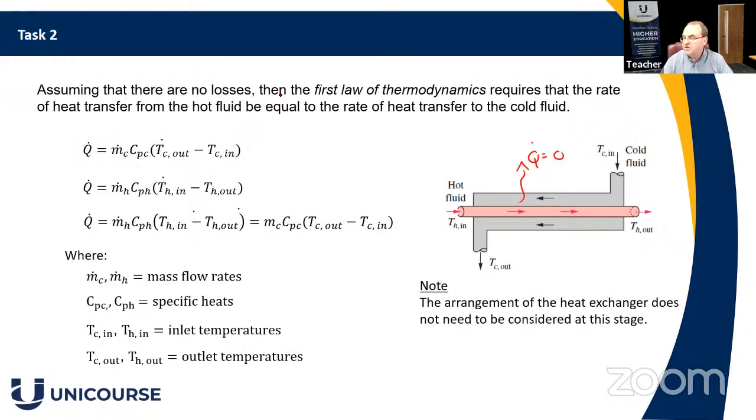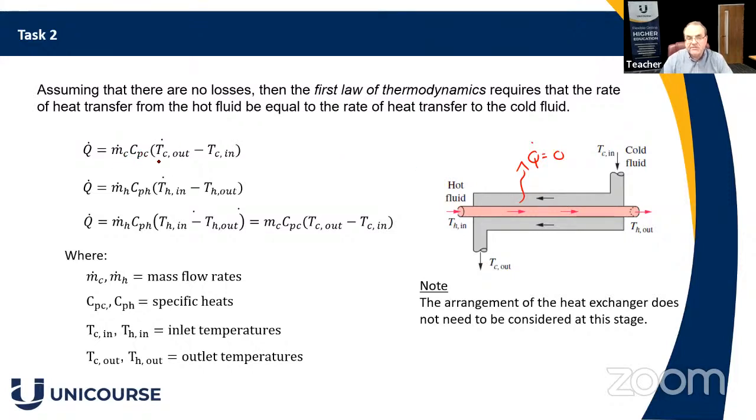If that's the case, then the first law of thermodynamics requires that the rate of heat transfer from the hot fluid be equal to the rate of heat transfer to the cold fluid. That means the energy given up by the hot fluid must equal the energy gained by the cold fluid, and we're looking at energy transfer in the form of heat.